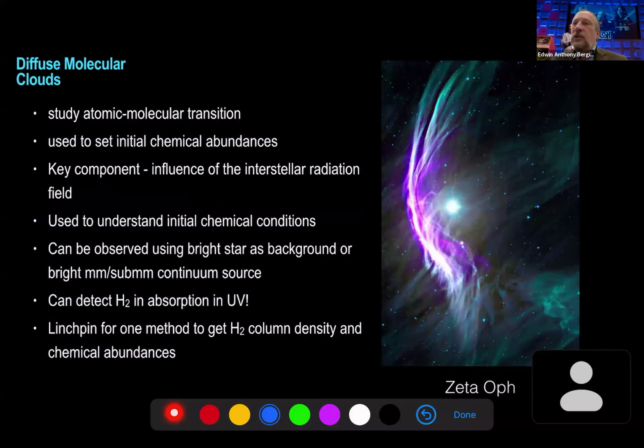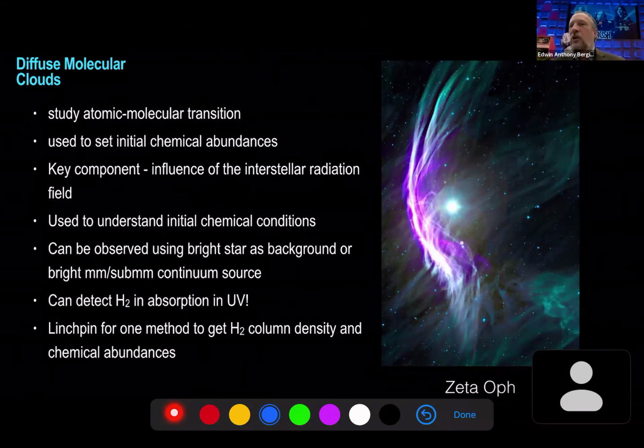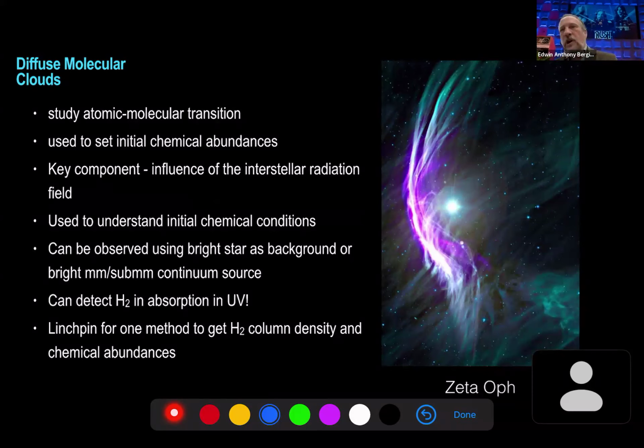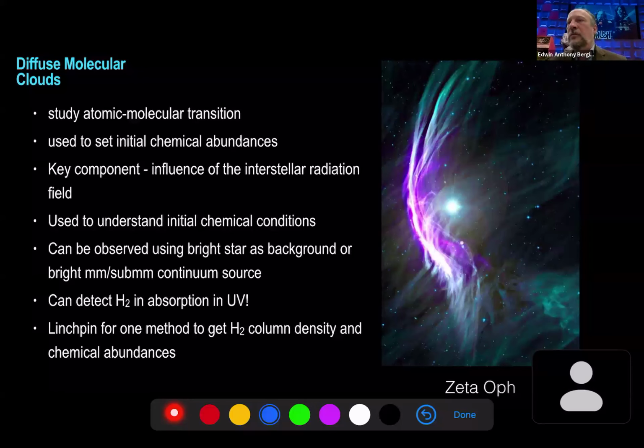Now we're going to do a survey of the various regions of space. I'm going to start with what I'll call diffuse molecular clouds. Diffuse molecular clouds are a transition between the regions where stars are being born and my average density of 1 particle per cubic centimeter galactic material.